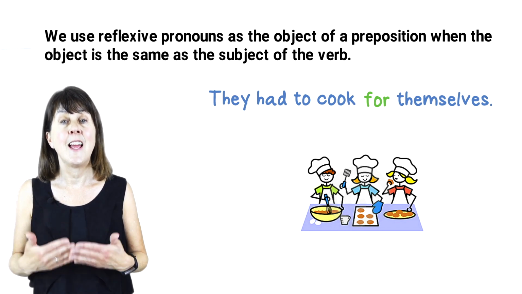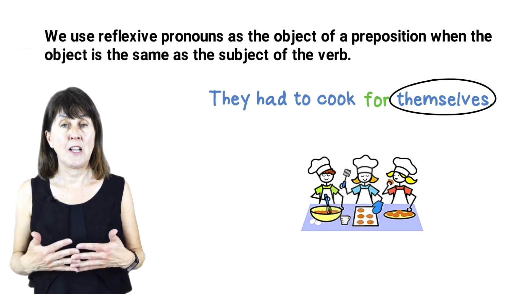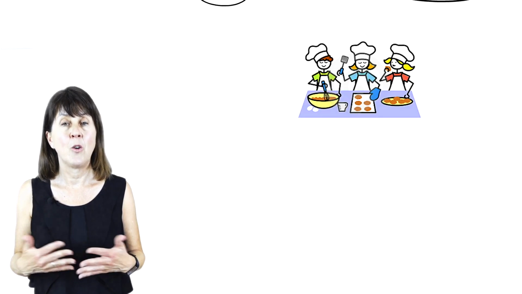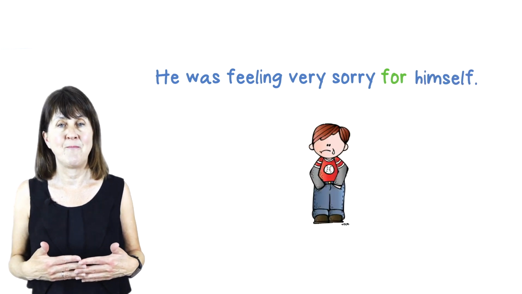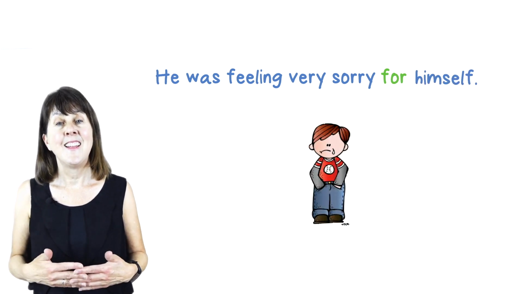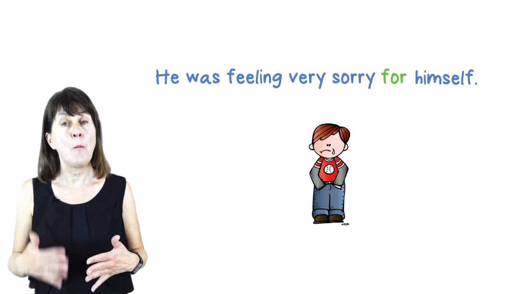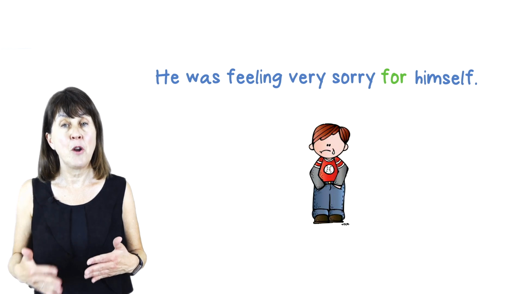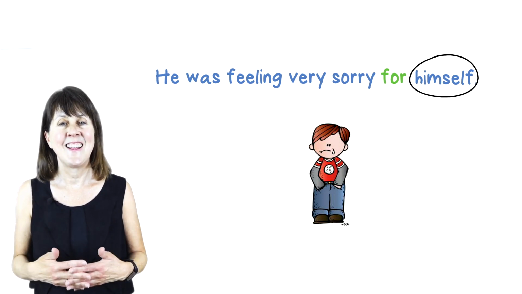Here it is themselves, which is the same as the subject of the verb. Or, he was feeling very sorry for himself. Again, the preposition for is used with the object, the reflexive pronoun, himself, which is the same as the subject of the verb, he.